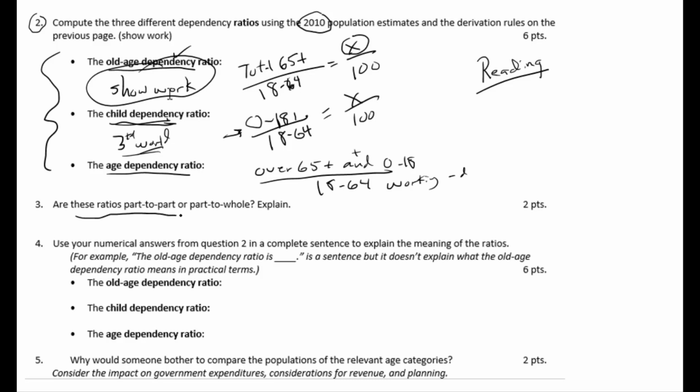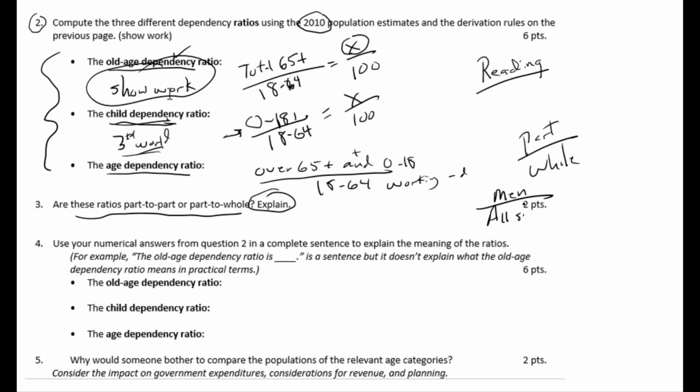Are these part to part or part to whole ratios? And explain. Now, I'm not going to give you the answer to this, but part to whole would be something like this: men's students to all students.